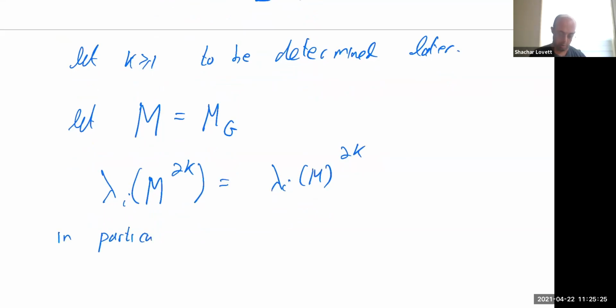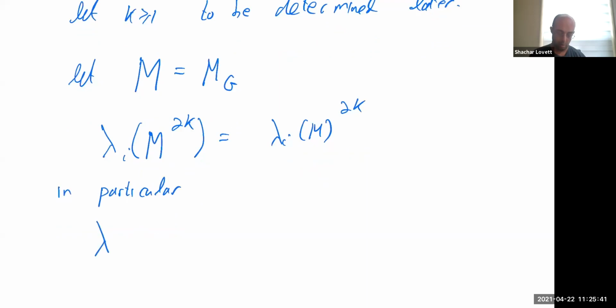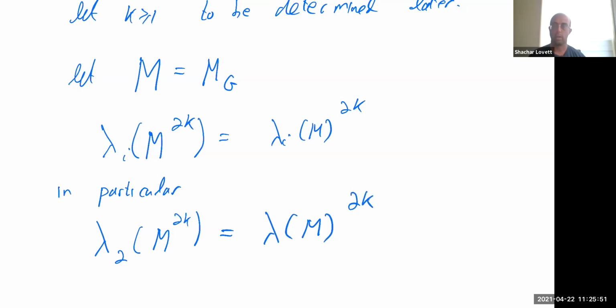By the way, notice that because 2K is even, we're going to lose whether it's positive or negative. This is why we get a bound only on lambda, not on lambda 2, because by taking this power 2K we lose a sign. So we don't know what the sign was originally, but in particular we could say that lambda 2 of M to the 2K is equal to lambda of M to the 2K. Why lambda 2 for M to the 2K? Because M to the power 2K has all its eigenvalues non-negative.